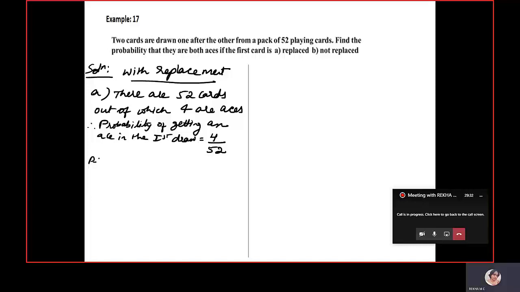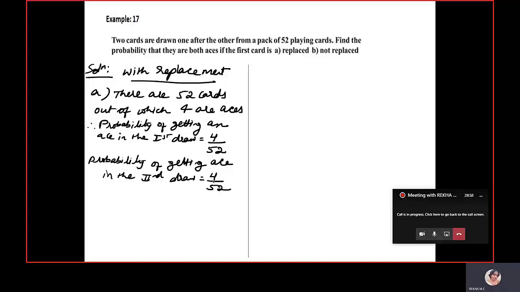And the probability of getting an ace in the second draw: since the card is replaced, the number of cards remains the same. So therefore it is 4 by 52.